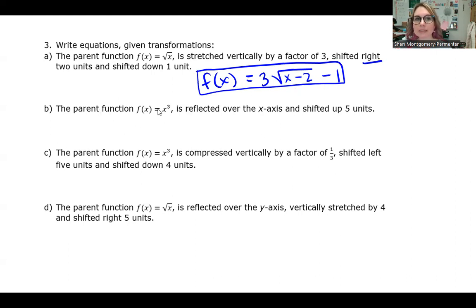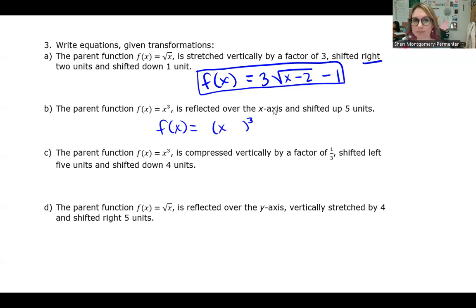The next one, it tells you the parent function. Shifted right 2 units. The next one is a cubic. So that means that we could have something in front. We could have something inside. We could have something at the end. Reflected over the x-axis.